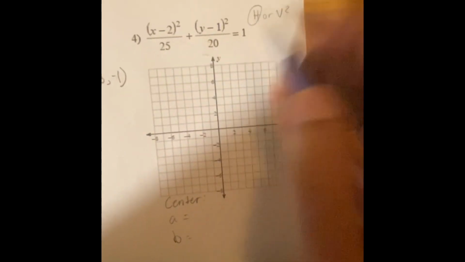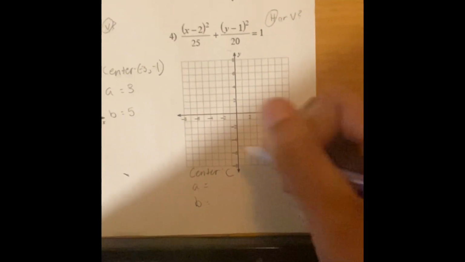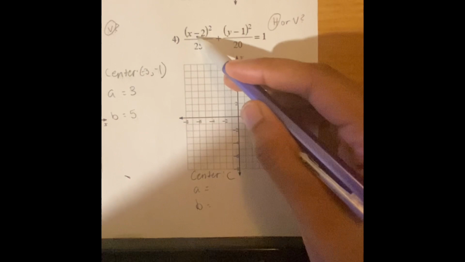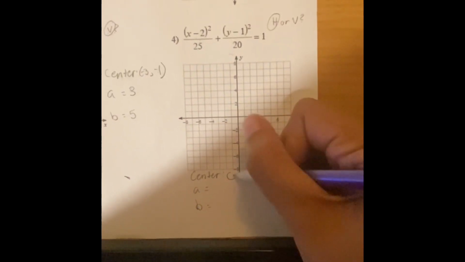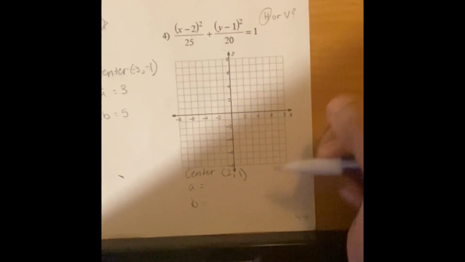But we're going to put down our center, which is going to be the opposite of -2, which is +2. The opposite of -1 is +1.